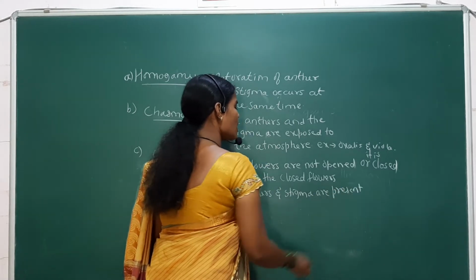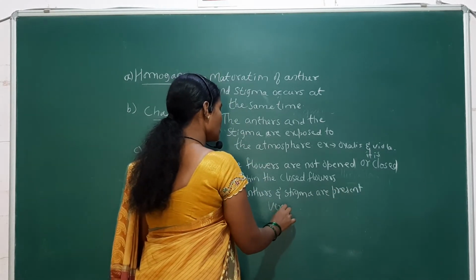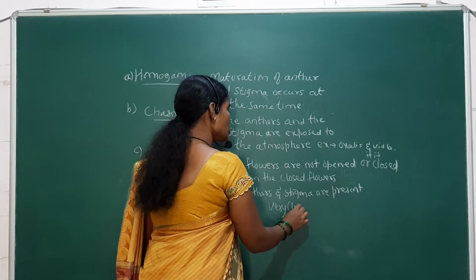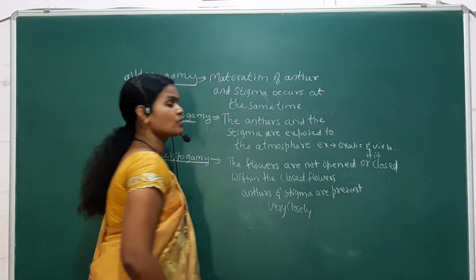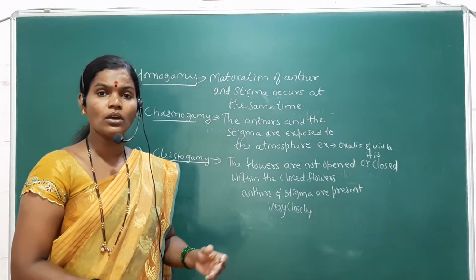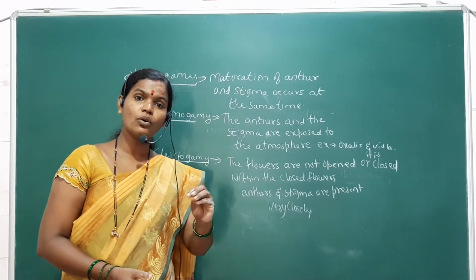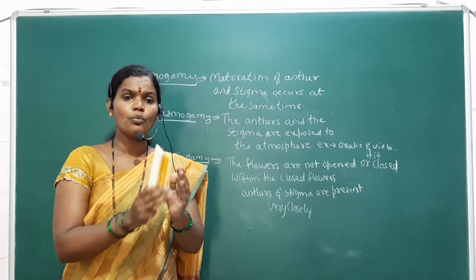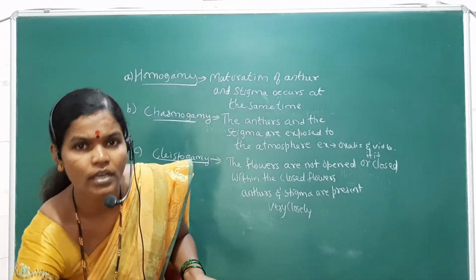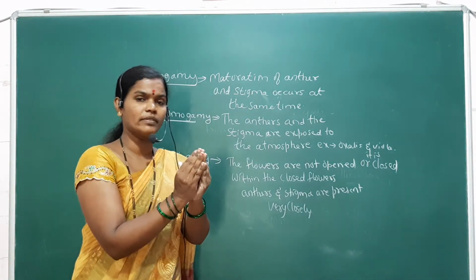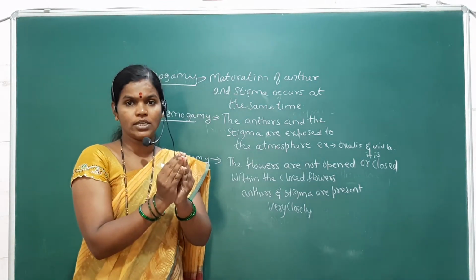Anthers and stigma are present very closely, and as the maturation occurs, the pollen grain immediately goes to the stigma. Within the closed flowers, the pollination occurs here. How?